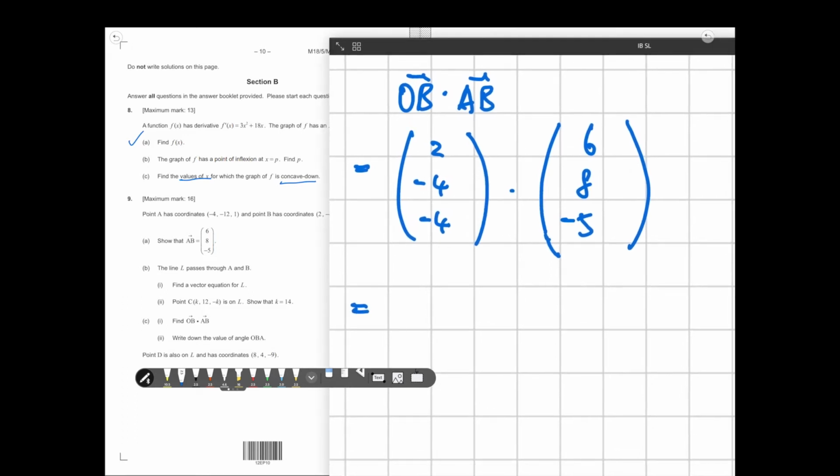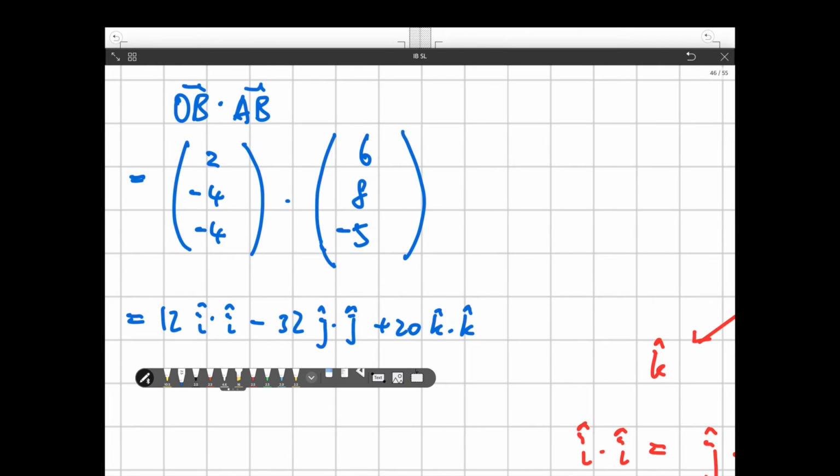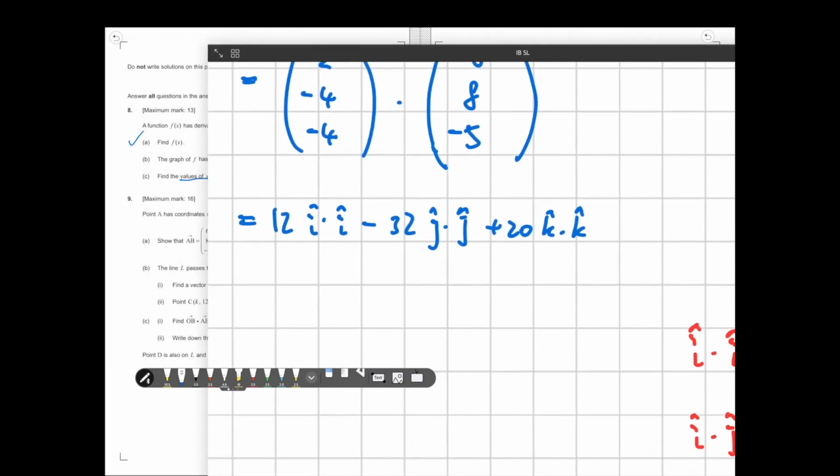So we dot these two vectors together, we find 12 i dot i minus 32 j dot j, plus 20 k dot k, and then we have i dot j plus j dot k plus k dot i, which is just equal to 0.